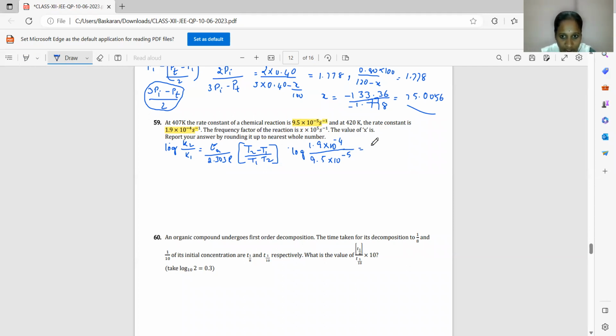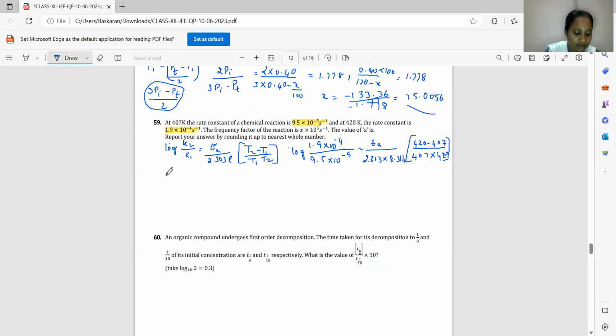So which means that Ea divided by 2.303 into the universal gas constant value 8.314, multiplied by (420 minus 407) divided by 407 into 420. Okay, so now we will simplify this.